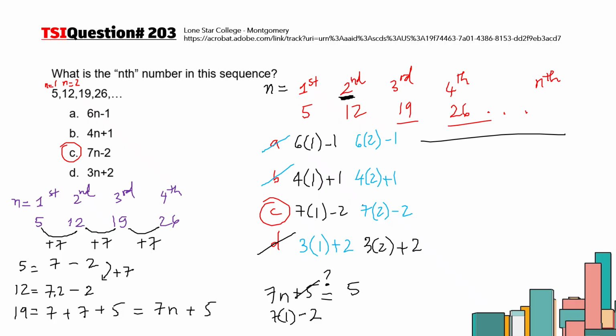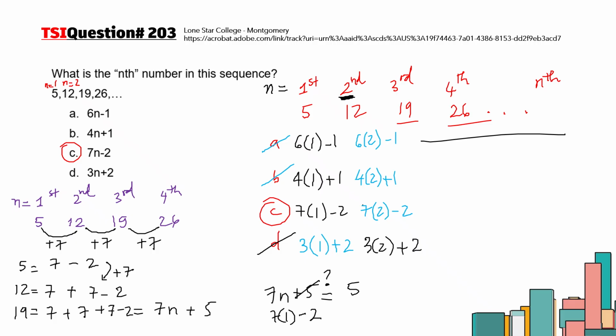Or you can think of it as 7 plus 5, where 5 is 7 minus 2. Now when I see 5, I just treat it as 7 minus 2.